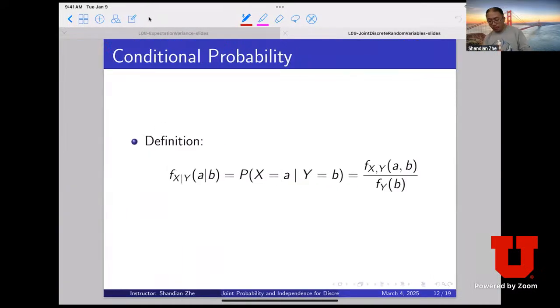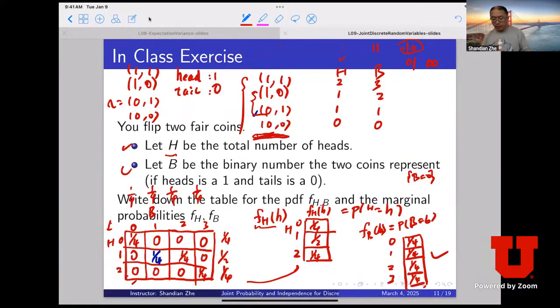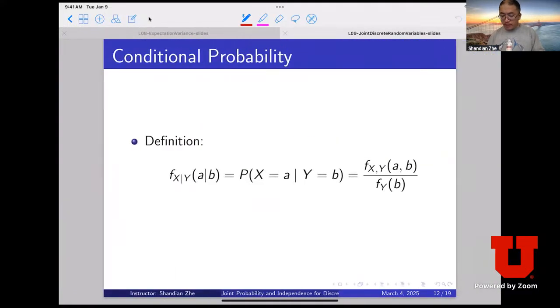Okay, so now given a joint probability density function, we further define a so-called conditional probability density function. So what is the conditional probability density function? It is usually abbreviated as conditional probability, and it is denoted this way.